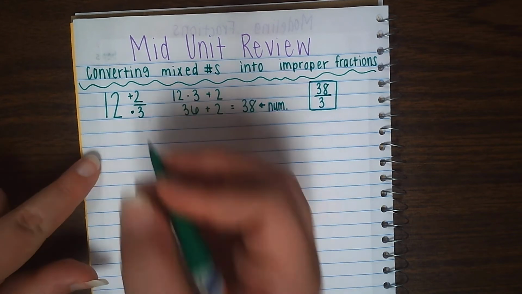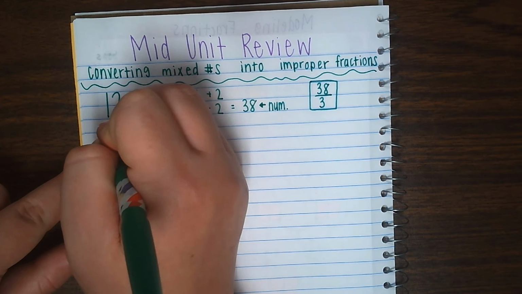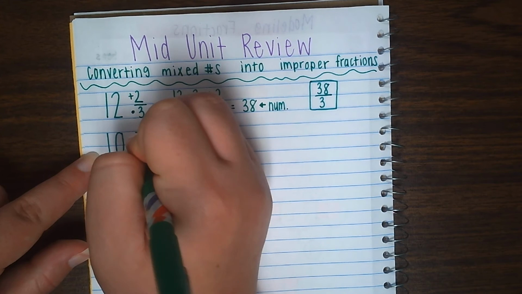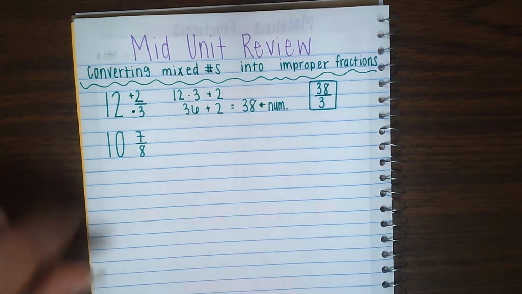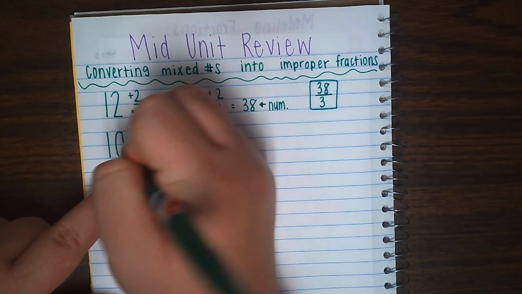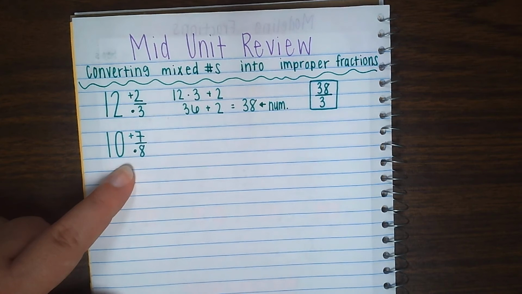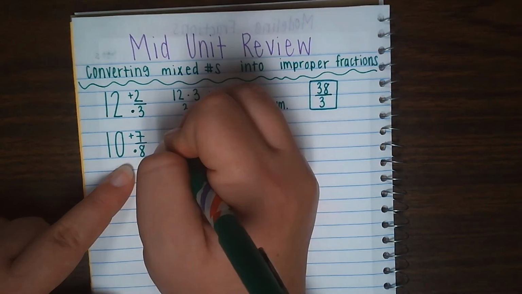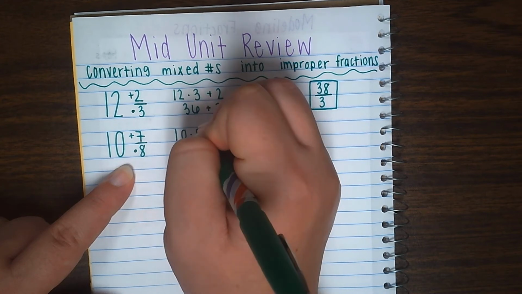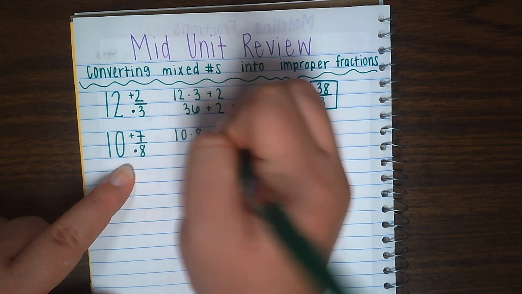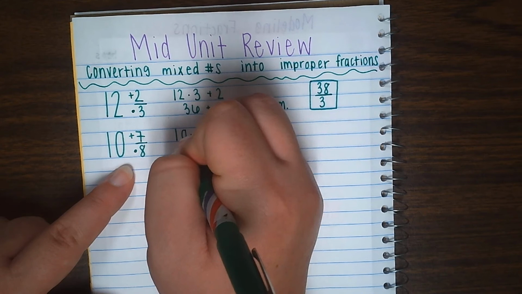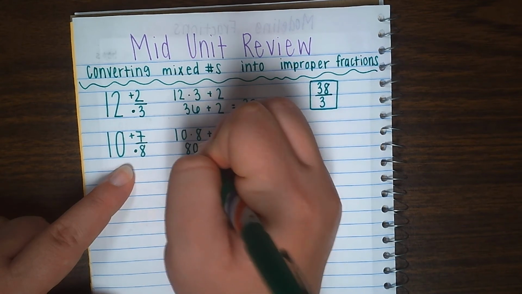Let's do another example. We have 10 and 7/8. You're going to multiply your denominator, add your numerator. So 10 times 8 plus 7. 10 times 8 is 80 plus 7.